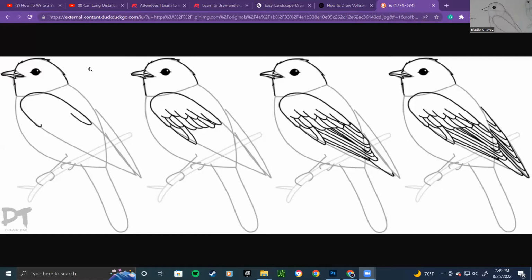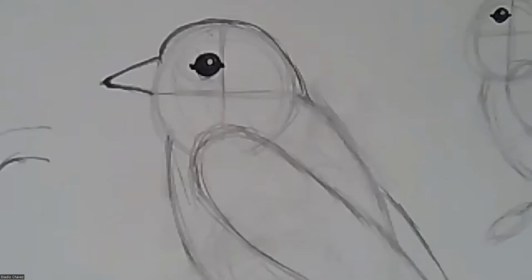Yeah, I'm going to make up the tail. Okay, got it. Thank you. Yeah, we're going to add stuff to it. Let's see. I'm looking for another bird. Oh yeah, no, it's all right.